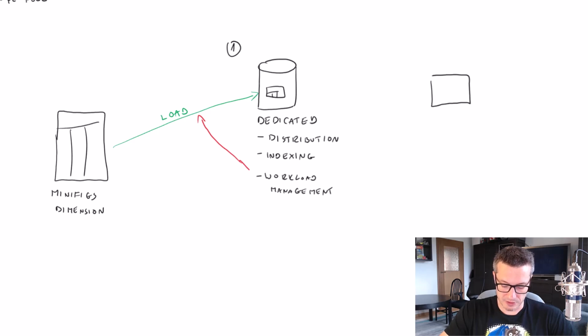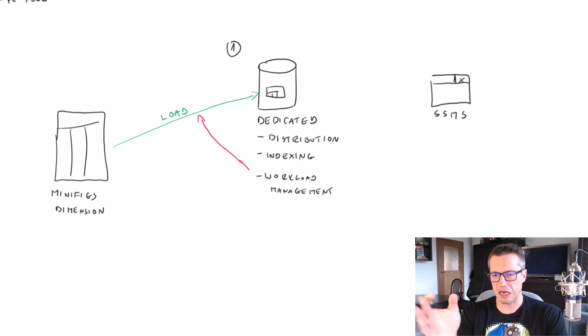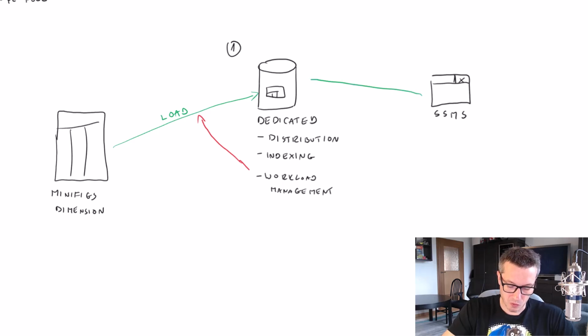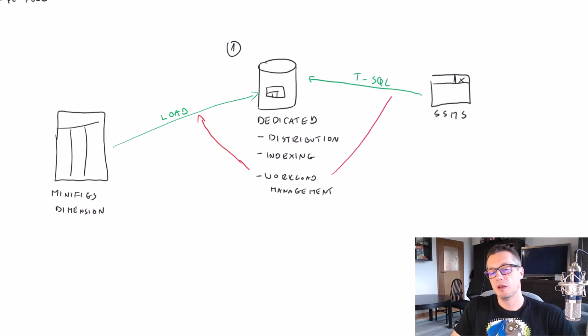So this is SQL Server Management Studio, or any other tool that you use like Azure Data Studio. So it would be used to connect using TSQL, and it would be the second candidate to be implemented as a workload group.